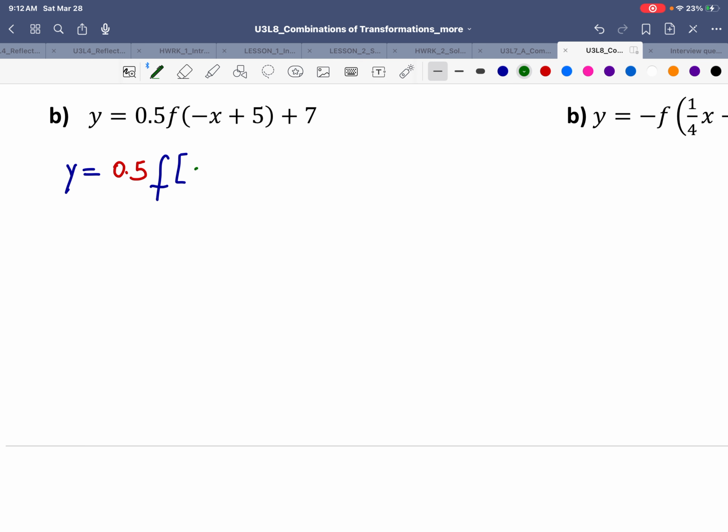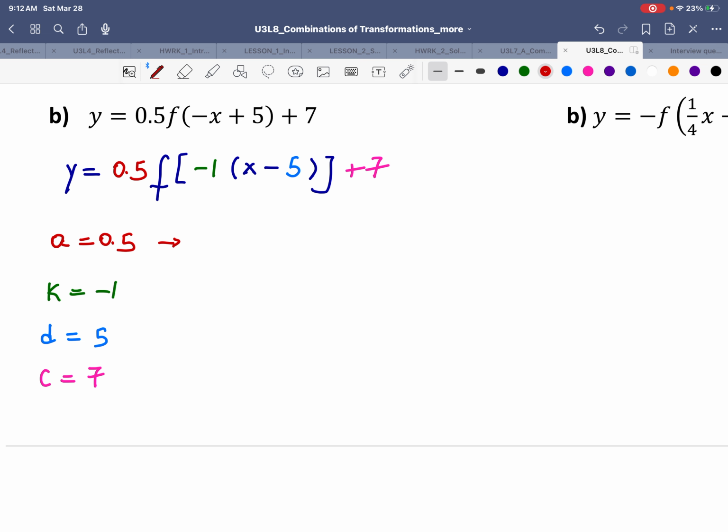So next we have negative 1, and then x minus 5, close the brackets, and then plus 7. So we have the coefficient a equal to 0.5. We have k equal to negative 1. We have d equal to positive 5. And then we have c equal to positive 7.